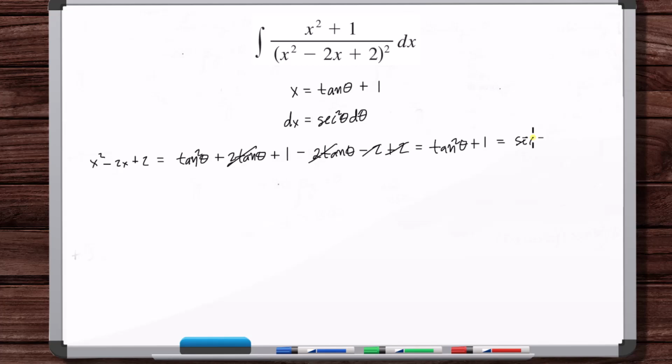This is secant squared theta. So we've got secant to the 4th of theta in the denominator, and x squared is tangent squared plus 2 tangent theta plus 1, and then plus 1. So tangent squared theta plus 2 tangent theta plus 2 all over secant to the 4th theta, and then dx is secant squared theta d theta.